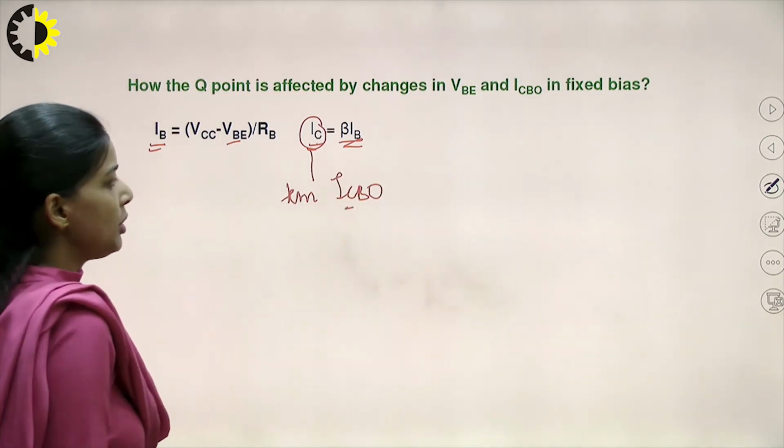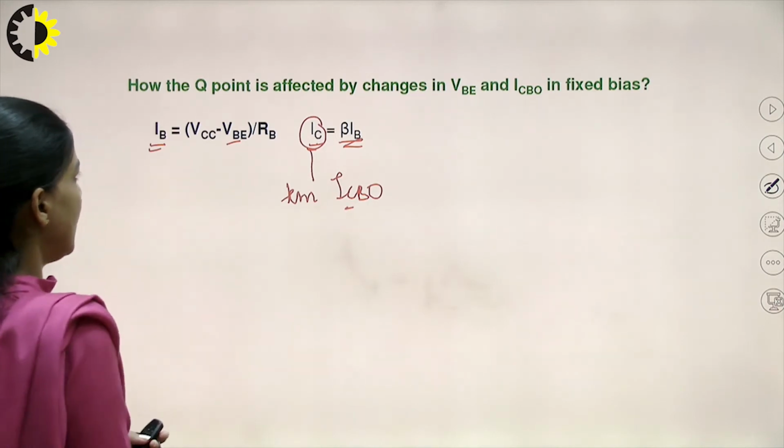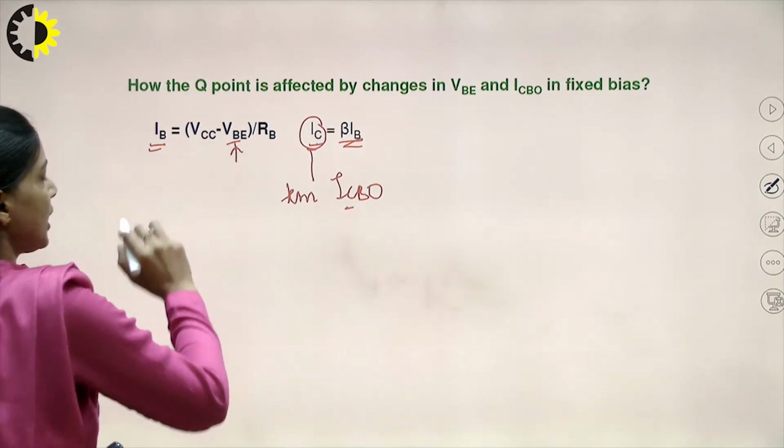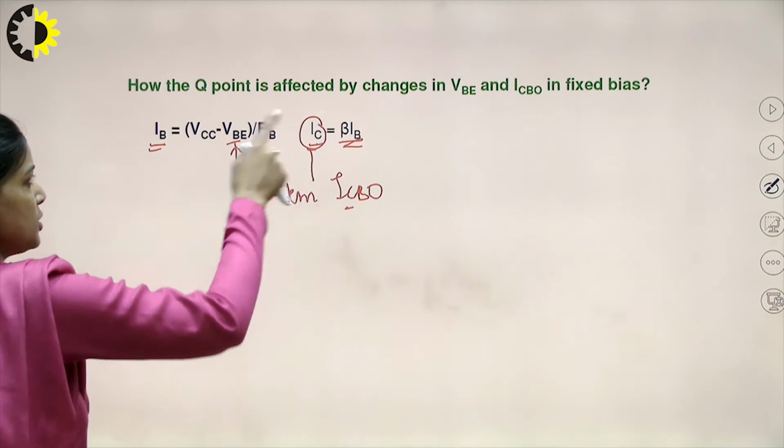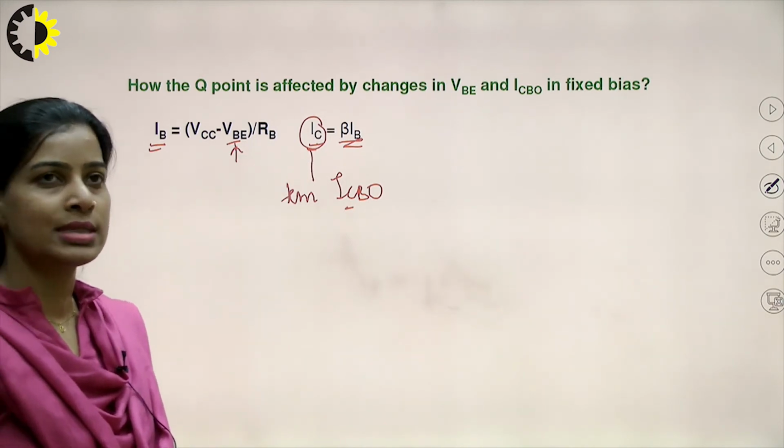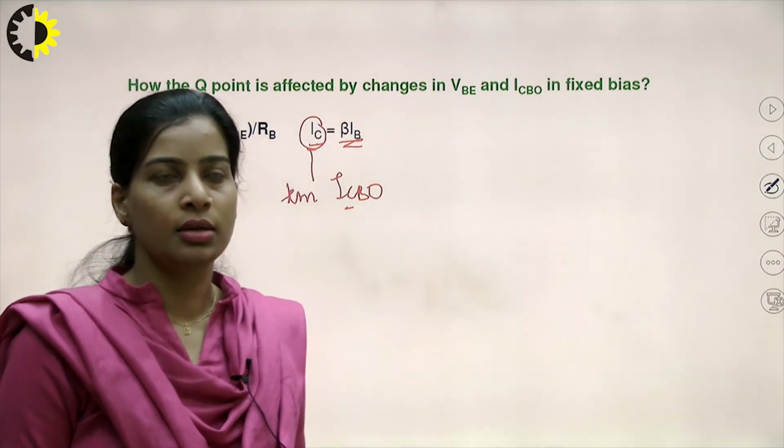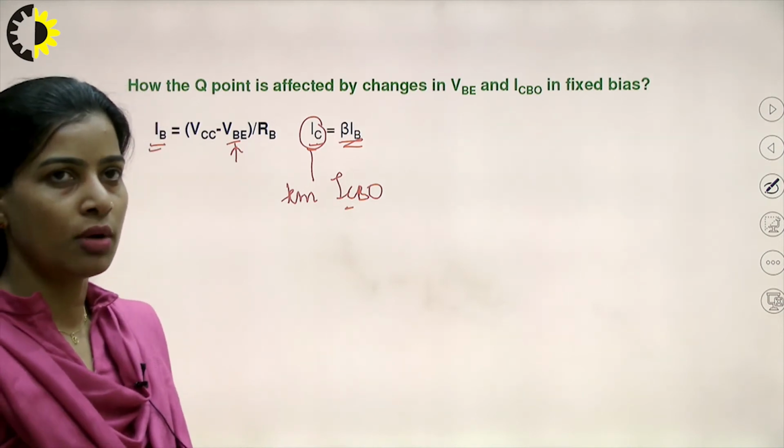So, as ICBO varies, IC will vary, and with the change in VBE the current IB varies. Both are related, so we will see the stability factor to find the stability of the circuit.